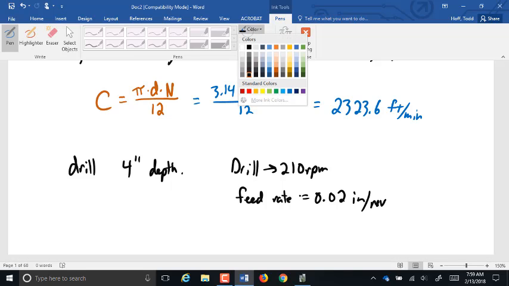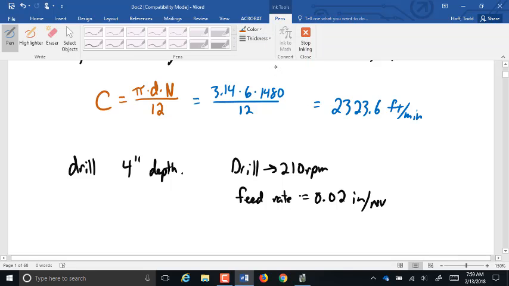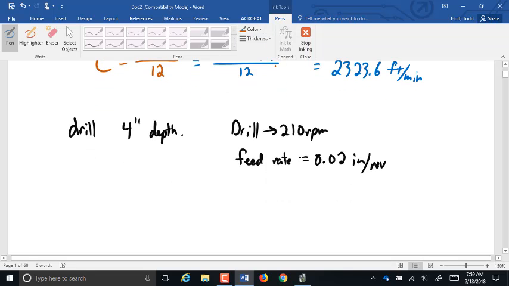How long is this going to take? Now remember, cutting time is equal to the length of the cut divided by the speed of the drill.